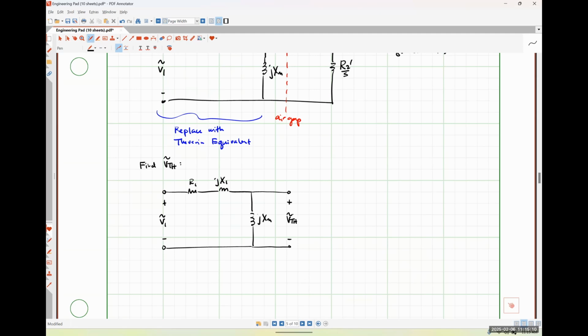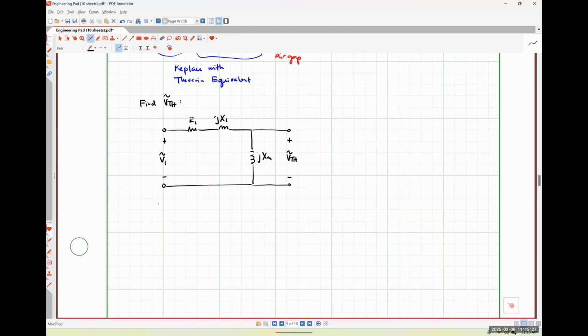Okay. So we can find this voltage VTH just by doing voltage division, because all I have is a bunch of impedances connected in series. So voltage division makes this a very, very easy process. So we would have our Thevenin equivalent voltage, VThev.